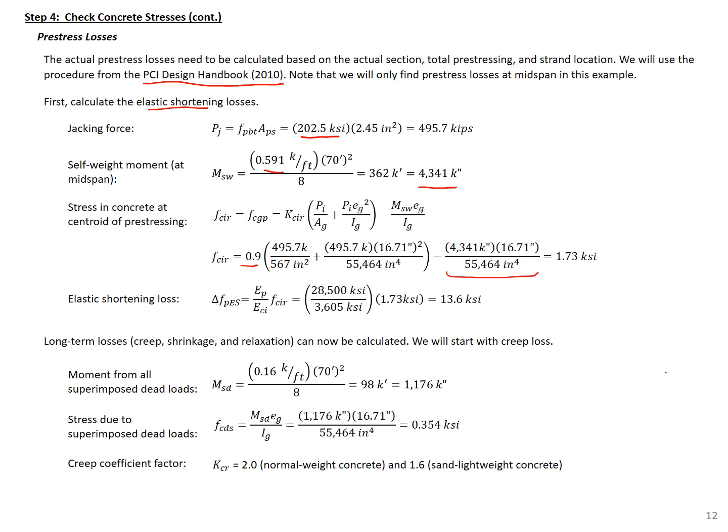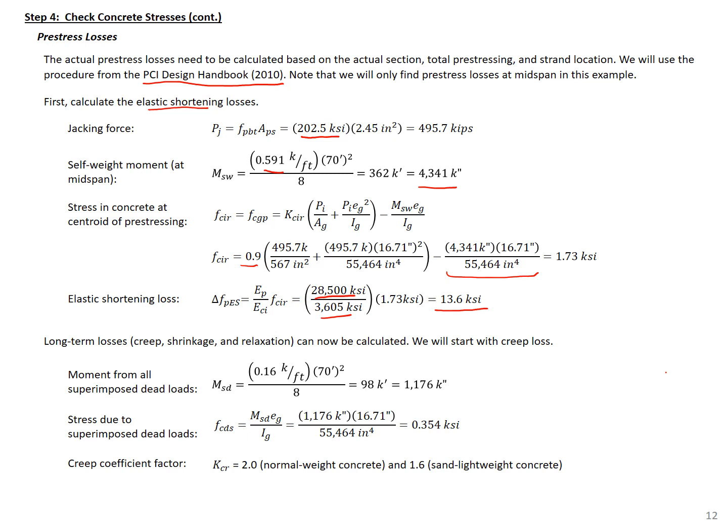So that gives us the stress in the concrete at the centroid of the pre-stressing strands. With this stress, we divide by the concrete modulus to convert that into the strain, and then we take it times the pre-stress modulus to get that into stress in the pre-stressing. So we can find that our actual elastic shortening loss here is 13.6 KSI.